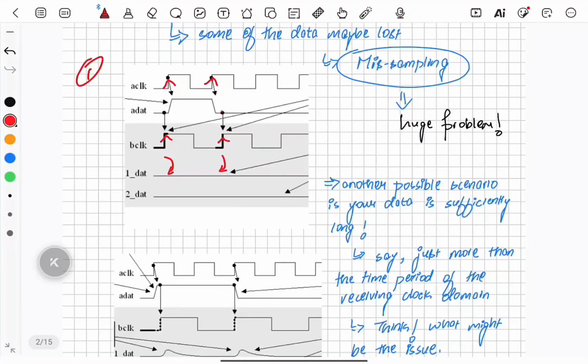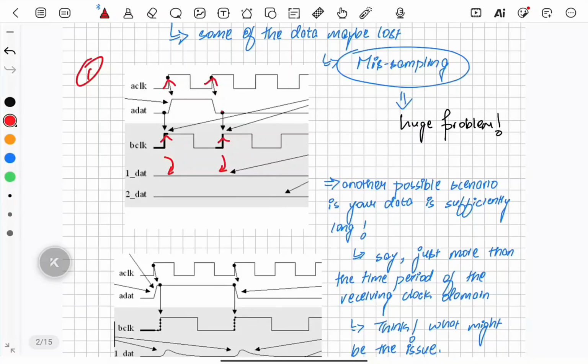0, right? But you can observe here, if the A data is supposed to have been a sort of pulse, on the B data you are unable to see the pulse at all, because this A data is not getting sampled at all. That is, it is transitioning between the two edges of the receiving clock domain.